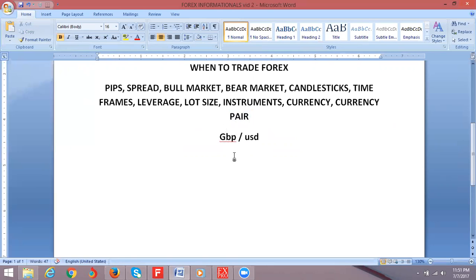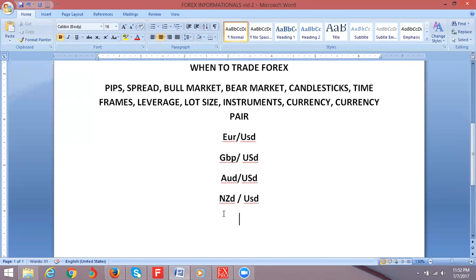Let me quickly go through the major pairs. The major pairs are the ones with the United States dollar in them. So we have Euro with USD, we have GBP with USD, we have AUD, the Australian dollar, with USD. Then we have the NZD, the New Zealand dollar, with the United States dollar.